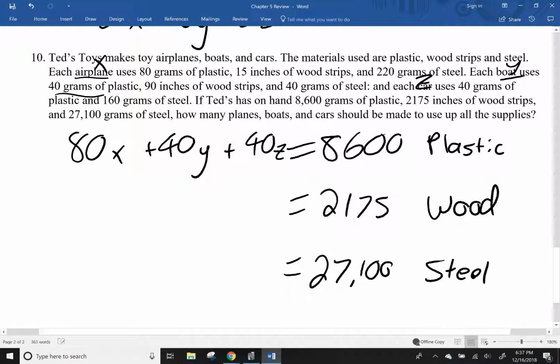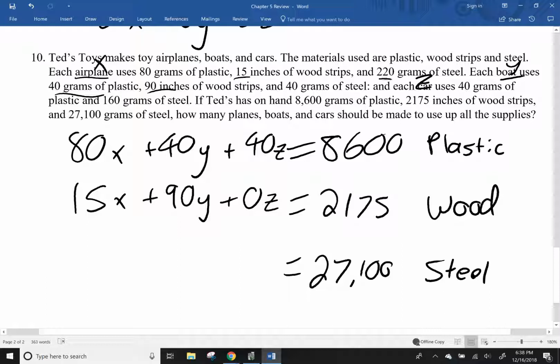So we have each airplane uses 15 inches of wood strips, so that'll be 15X. We have a boat uses 90 inches of wood strips, so 90Y. And a car uses no wood strips. Car doesn't have any wood strips, so 0 for Z, 0 for the car. And then one more for steel.